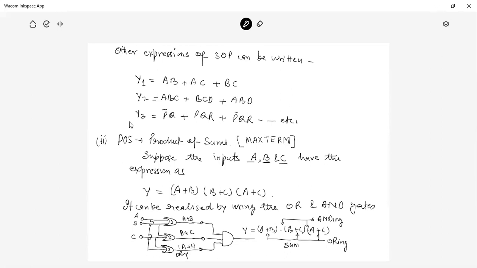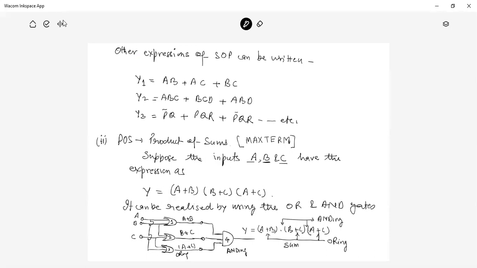These three outputs are ANDed over here. This is the fourth gate, the AND gate, and we get finally y is equal to (A plus B) into (B plus C) into (A plus C).